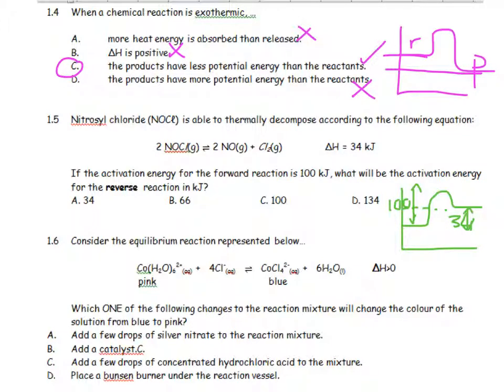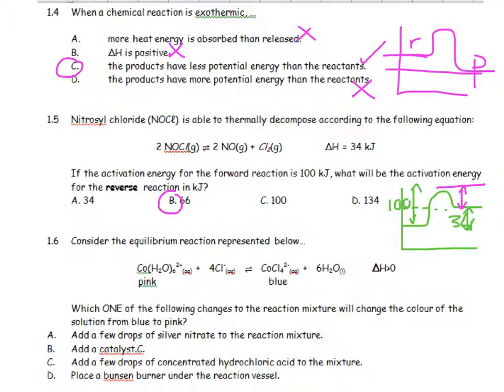That would obviously mean that the activation energy for the reverse reaction, which is this over here, is going to be 100 minus 34, and you land up with 66 kilojoules.